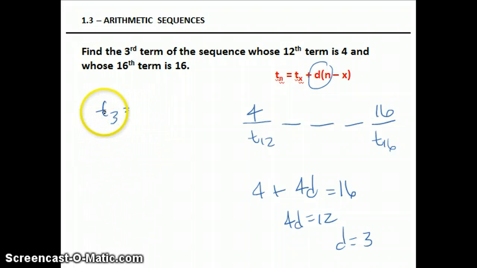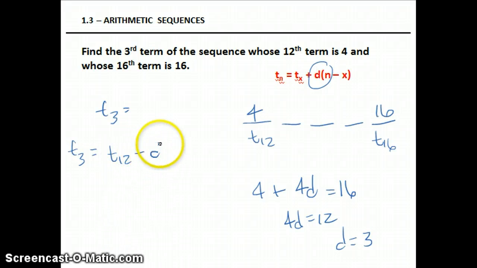Very nice. Now, I'm still looking for the third term of the sequence whose 12th term is 4 and whose 16th term is 16. I can pick either one of these to use. I'm going to pick the 12th term. So mine will be t sub 3 equals t sub 12 plus my common difference times n minus x.